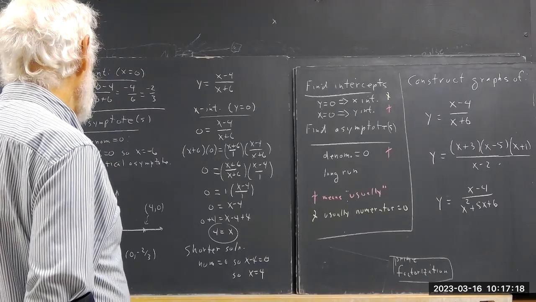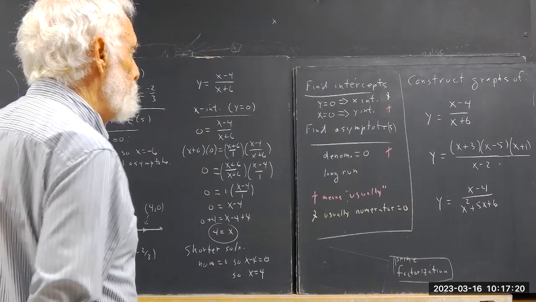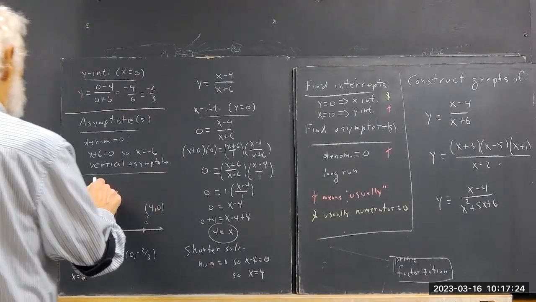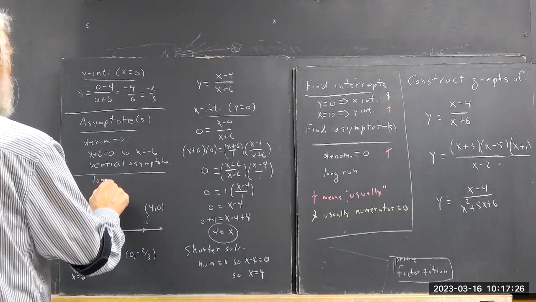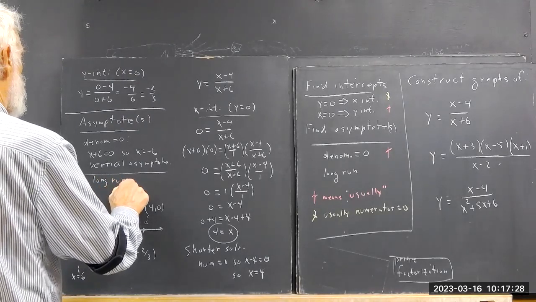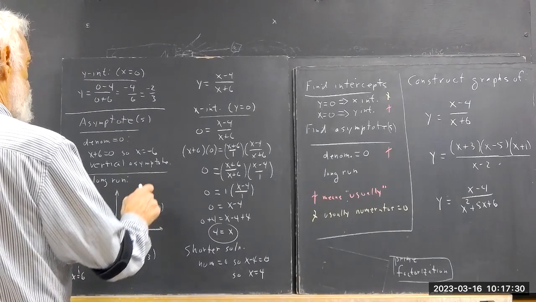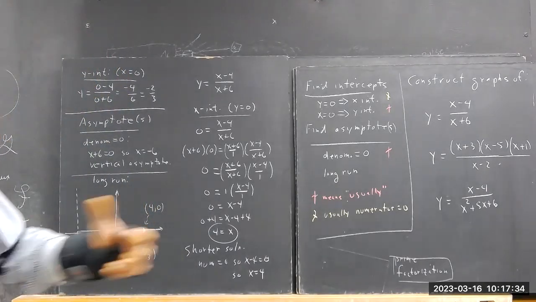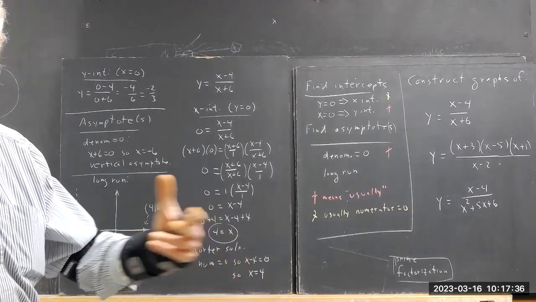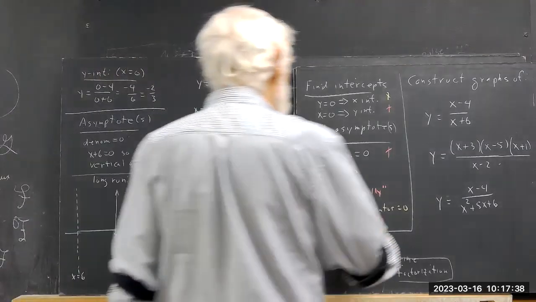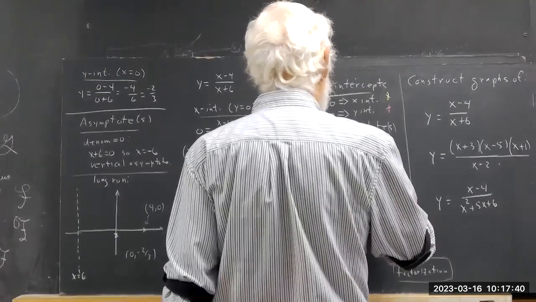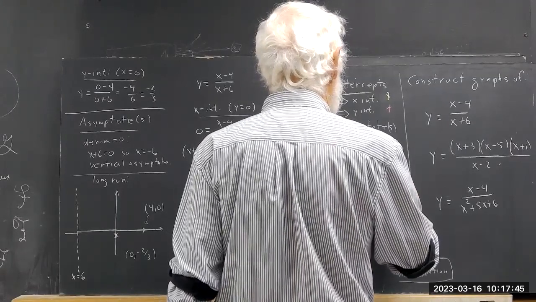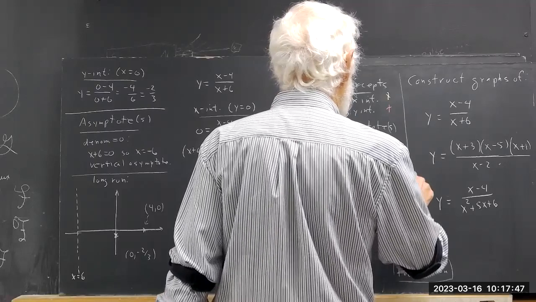I can kind of do it, but maybe I'll put that over here. Now, how do you do the long run? You can consider what happens as x approaches infinity or x approaches negative infinity. And let's go ahead and write that out, as a reminder.